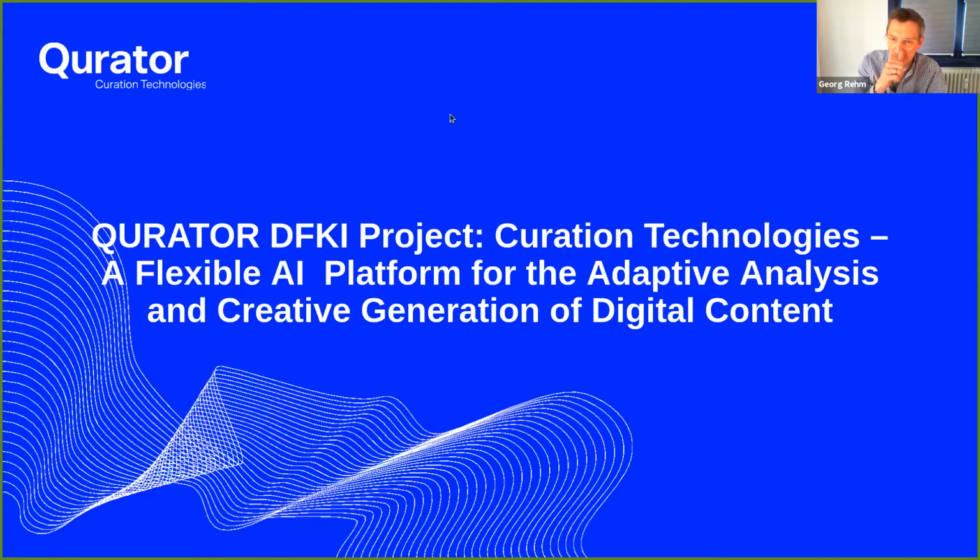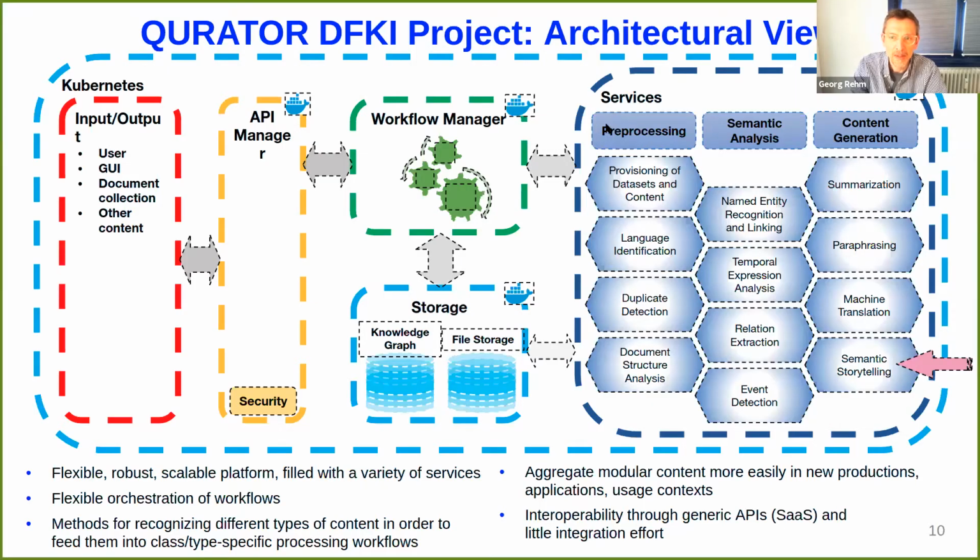Yes, it is. So the DFKI project is called a flexible AI platform for the adaptive analysis and creative generation of digital content. We are one of the technology partners in the project. So we build the technological foundations. And here on the slide, you can see a brief glimpse of our technology platform.